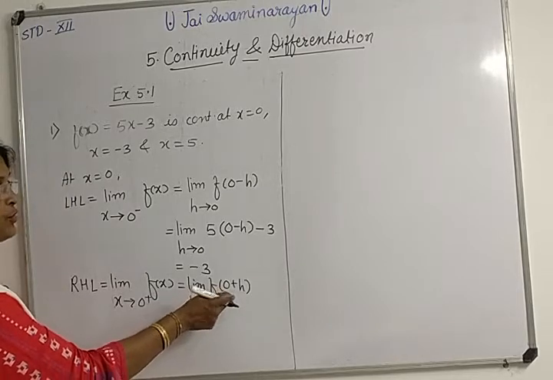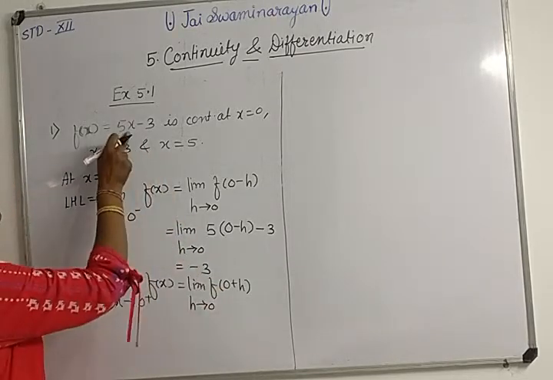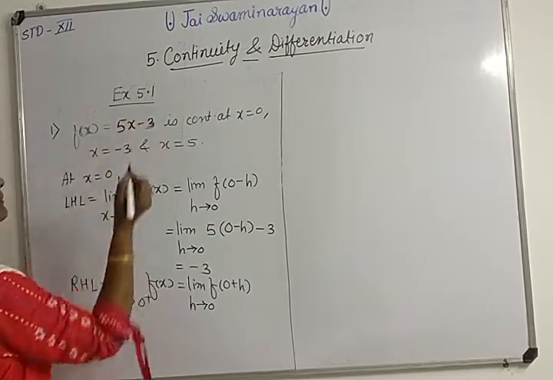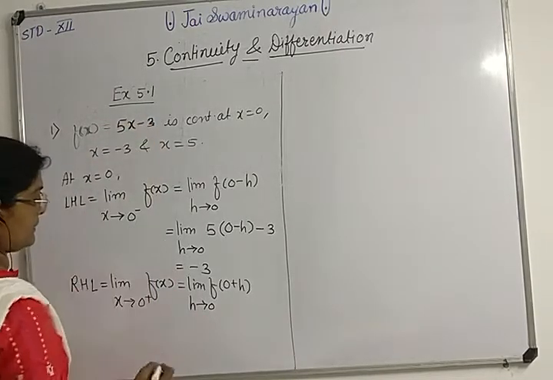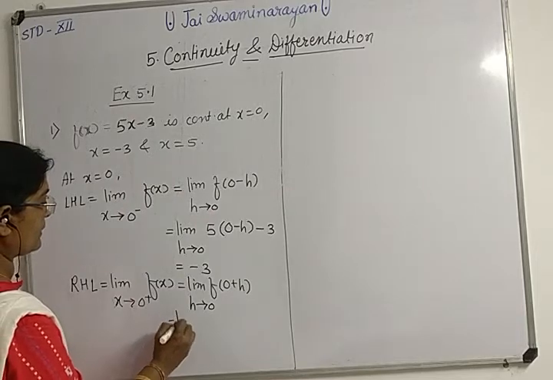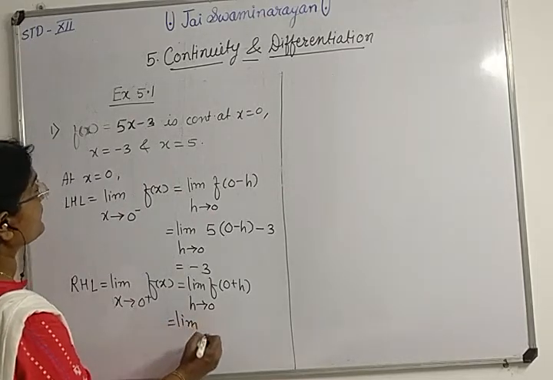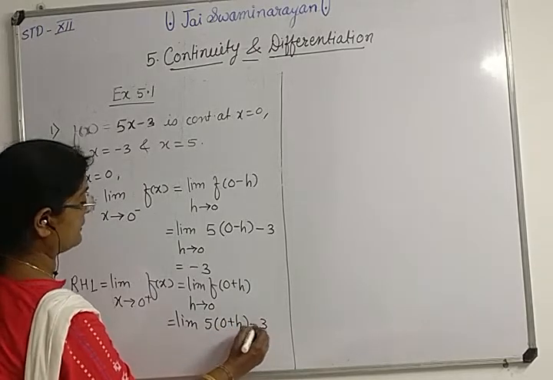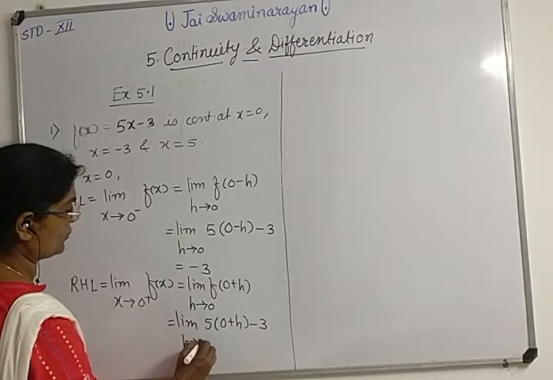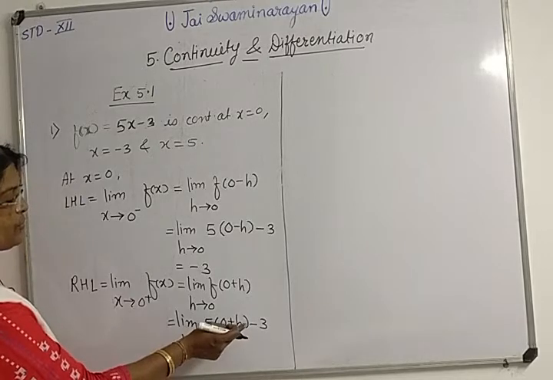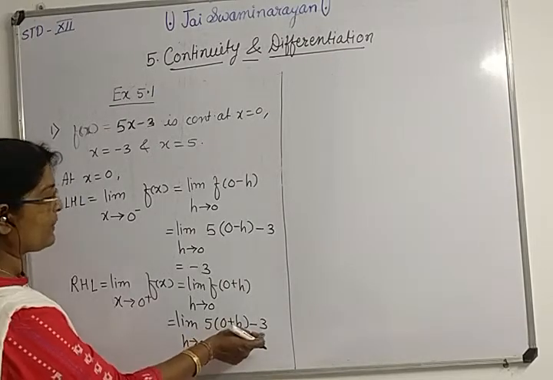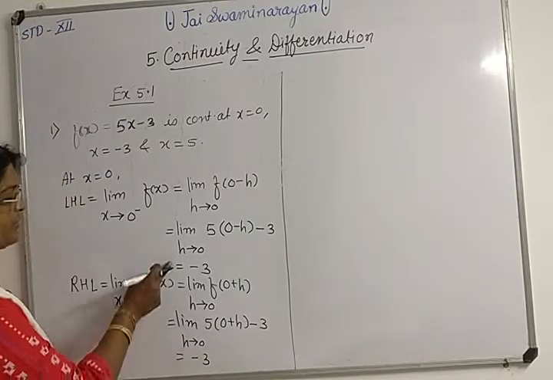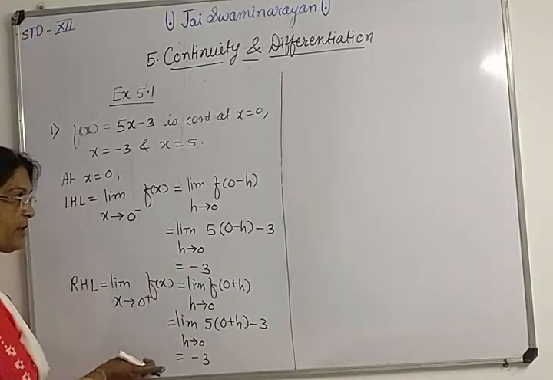Means instead of x we have to put this value 0 plus h here, that is equal to limit of 5 into bracket 0 plus h minus 3 where h tends to 0. Now put the value of h as 0, so 0 into 5 is 0, 0 minus 3 is minus 3. Means the value of RHL is also minus 3. So these two values are equal.